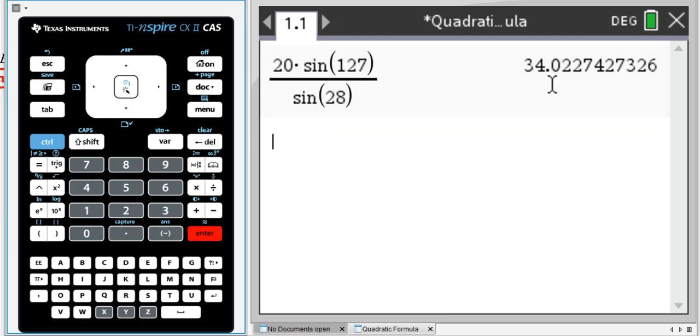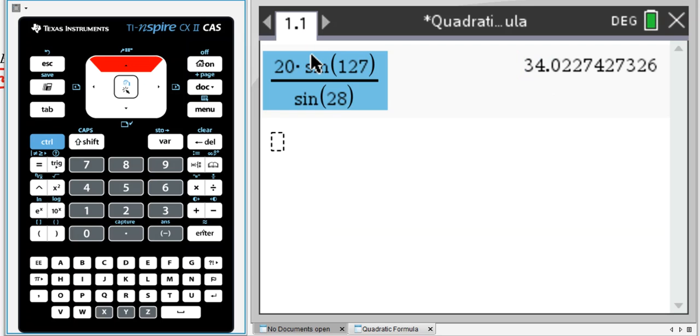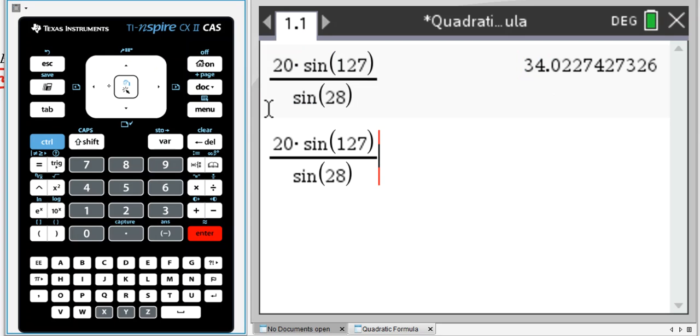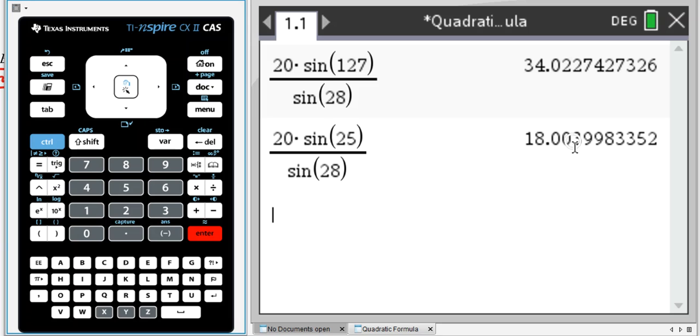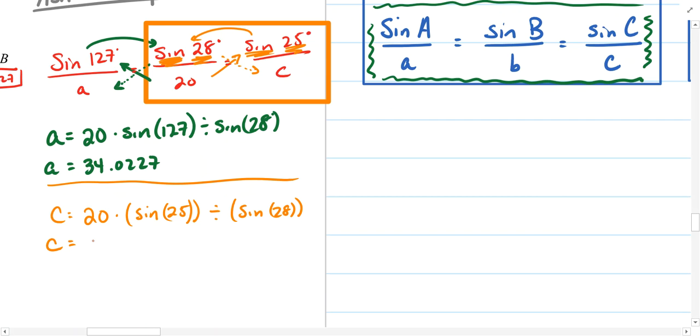Now, fortunately, when I go back to the calculator, you'll notice that this expression is very similar to this one. The only difference is that instead of sine of 127 degrees, we want to use the other angle measure, in this case 25. So we can save ourselves a little bit of time by reusing the expression from before, and now we're calculating a result of 18.0040 when rounded.